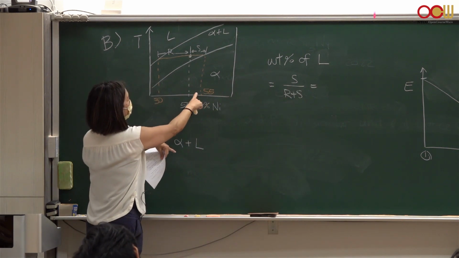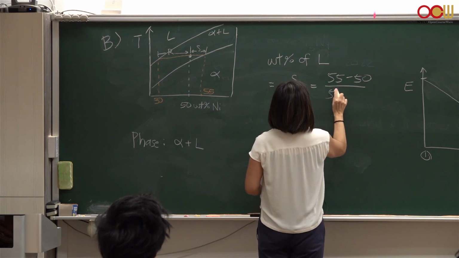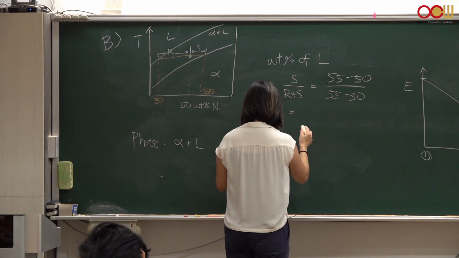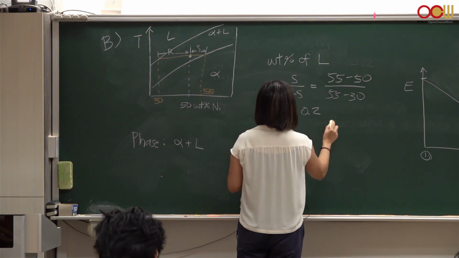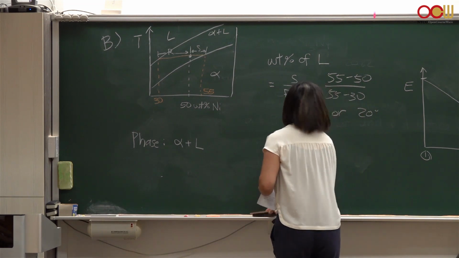So S would be 55 minus 50, and the entire length of that line would be 55 minus 30, and that would give us 0.2 or 20 weight percent liquid.